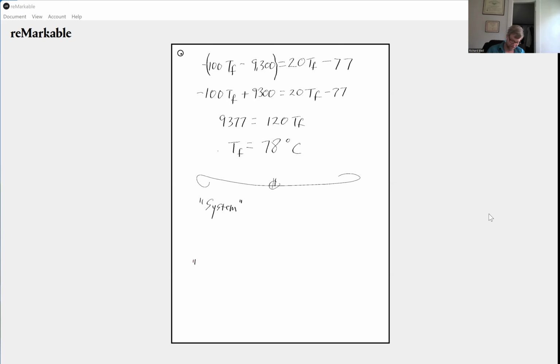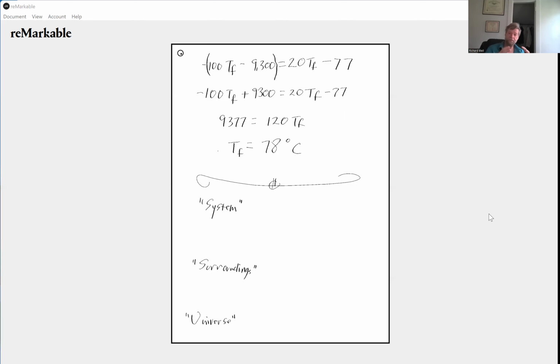We speak of the system, the surroundings, and the universe. These laws are universal laws, okay? They apply to something much, much bigger than you and me.